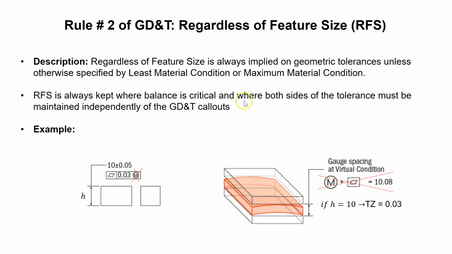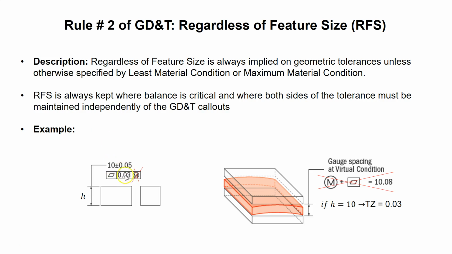Because we want to have a balance, and we want to make sure that the geometric tolerance is not impacted by your manufacturing size to be on either side of the nominal dimension. If you go above it or go below it, none of that is going to affect your geometric tolerance, and it is maintained independently.